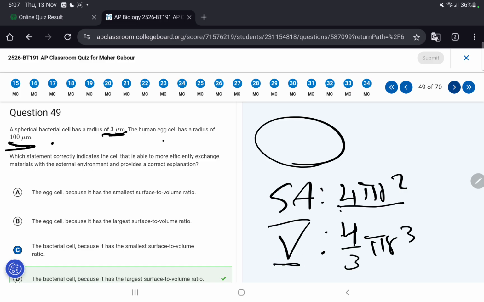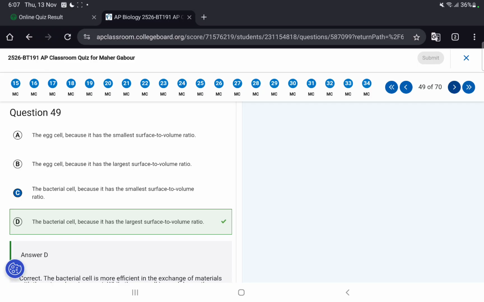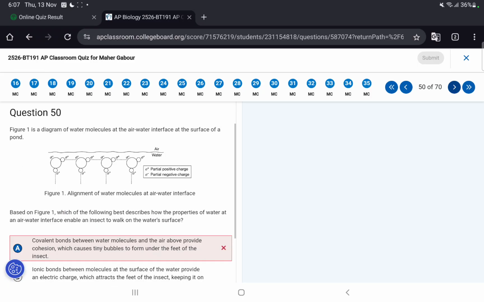After you find that, you divide the surface area by the volume of the bacteria. So you substitute 3 micrometers into the surface area, 3 micrometers into the volume, and then you divide the answer of the surface area by the volume. You do the exact same process for the human egg cell. The one that gives you the bigger answer is the one that is more efficient. Here it is the bacterial cell, because it has the largest surface area to volume ratio. It had the bigger answer at the end.